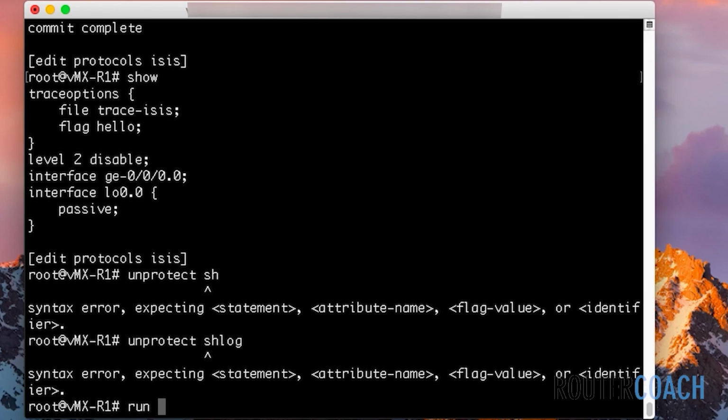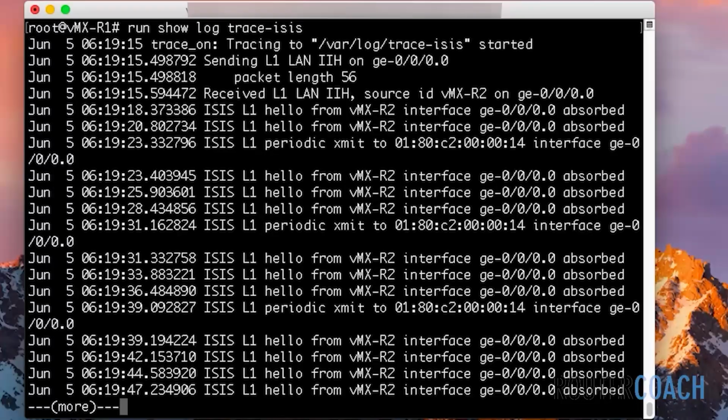Run, show log, trace ISIS. And we do. So we see that a periodic hello is being sent to the multicast MAC address. I can't remember at the moment which one it is. Sorry for that.